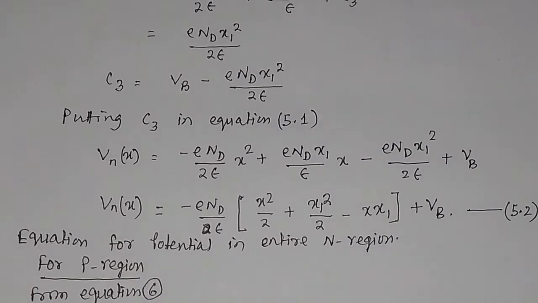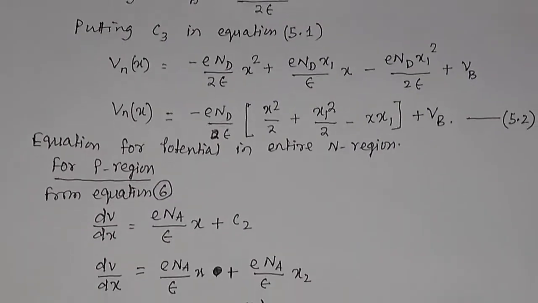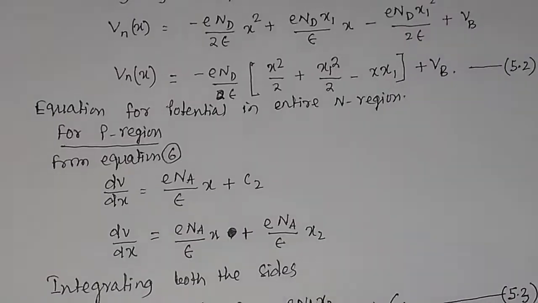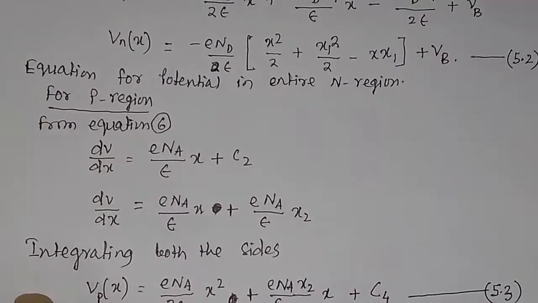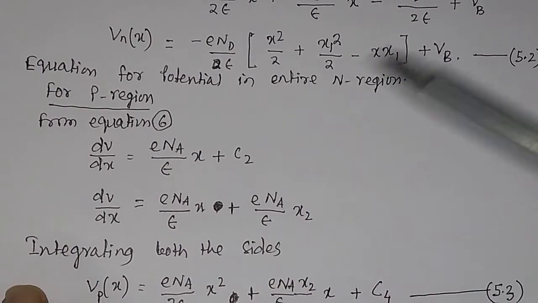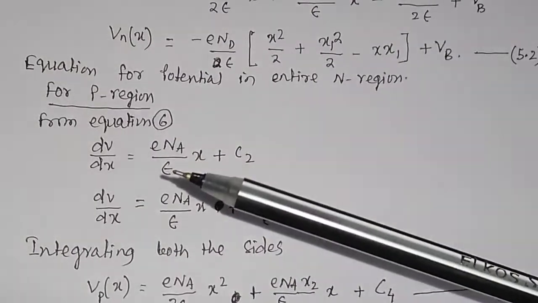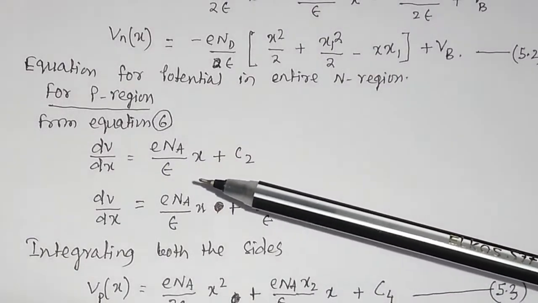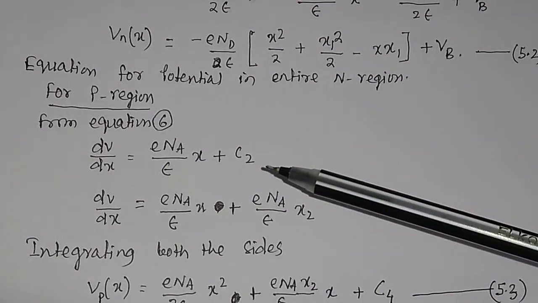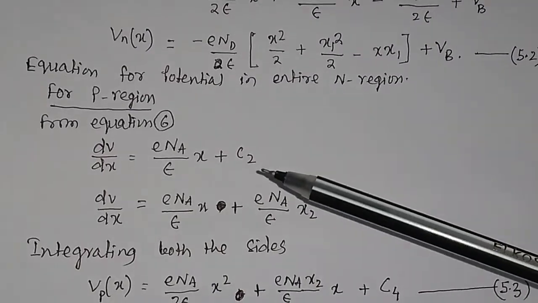Now for the P region, we will find out the expression for potential, and from equation 6 we have the expression for potential. We have found the derivative of V with respect to x is equal to E Na divided by epsilon into x plus C2, and we have found the value of C2.